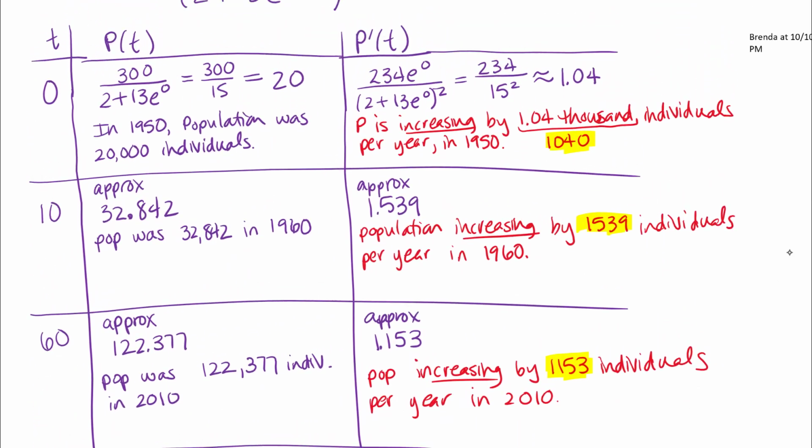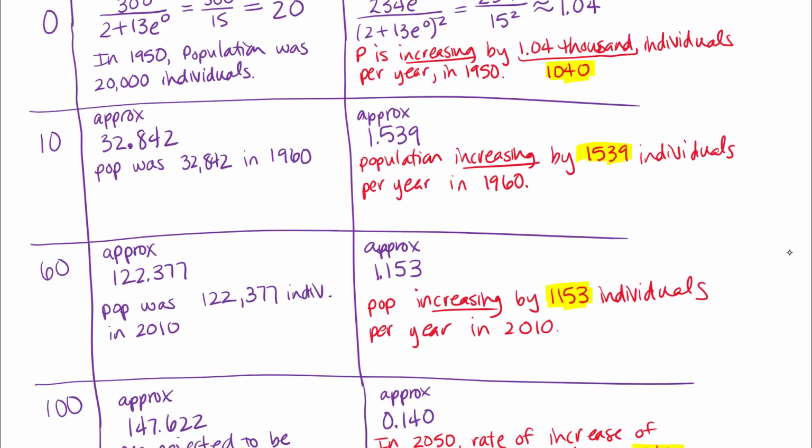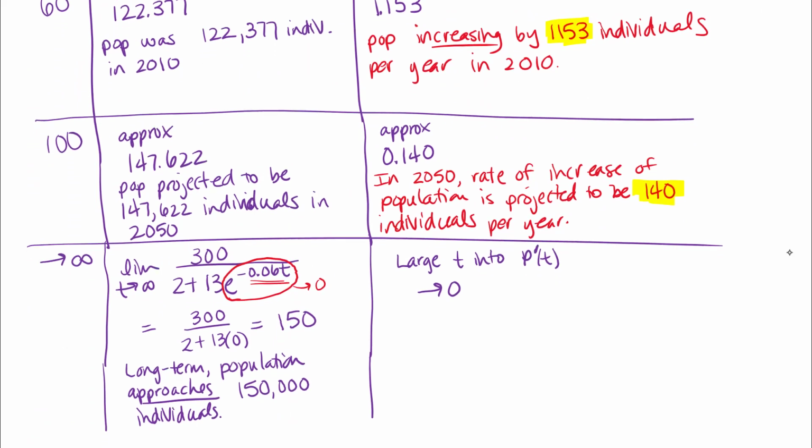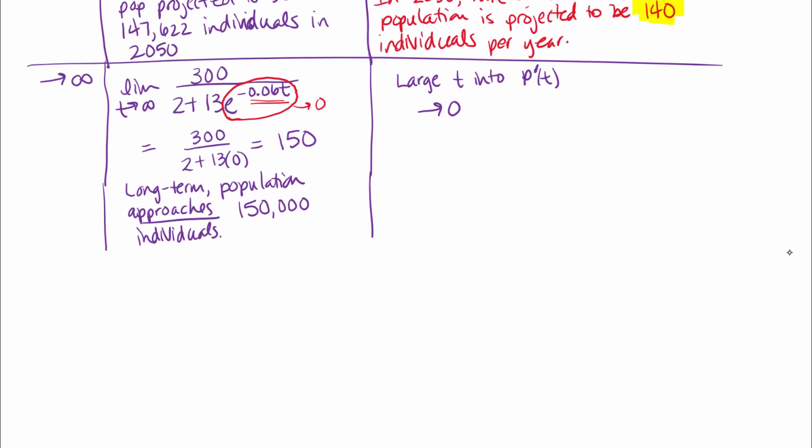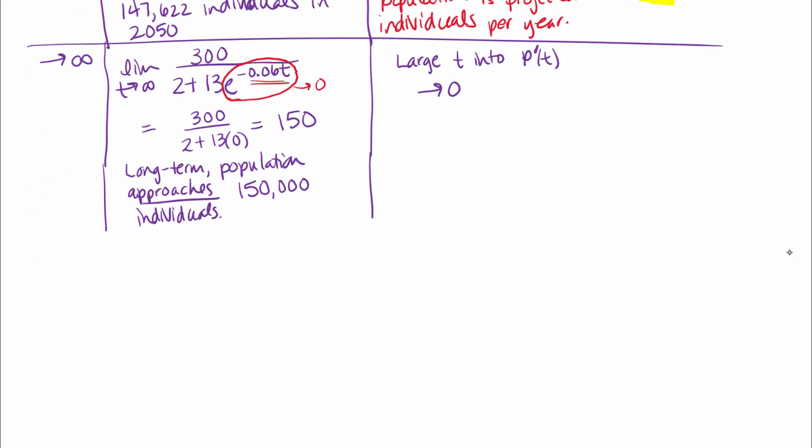I had a population that was increasing pretty rapidly and then slowing a little bit. Eventually, when t gets really large, that population rate of change is going to approach 0. The slope of the tangent line will approach 0.